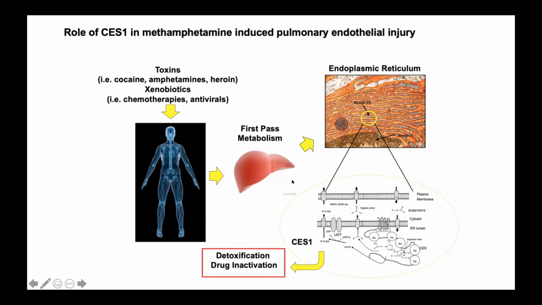Methamphetamine doesn't give out esters as a first part of metabolism, but later on, metabolic products of methamphetamine may release esters, which may be metabolized by CES1. So that was the idea of doing this study.